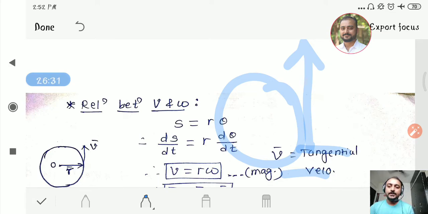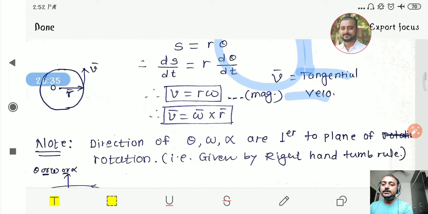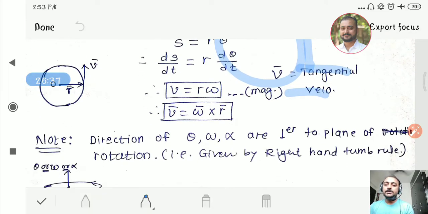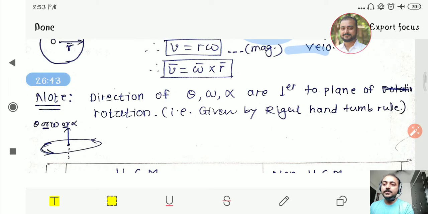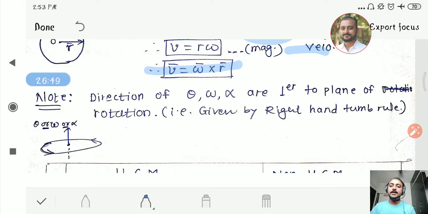Okay, so what is its vector form? Its vector form is a simple one, as you observe here: v is equal to omega cross r. This is the vector form of the tangential velocity. Okay, so everyone happy with this?